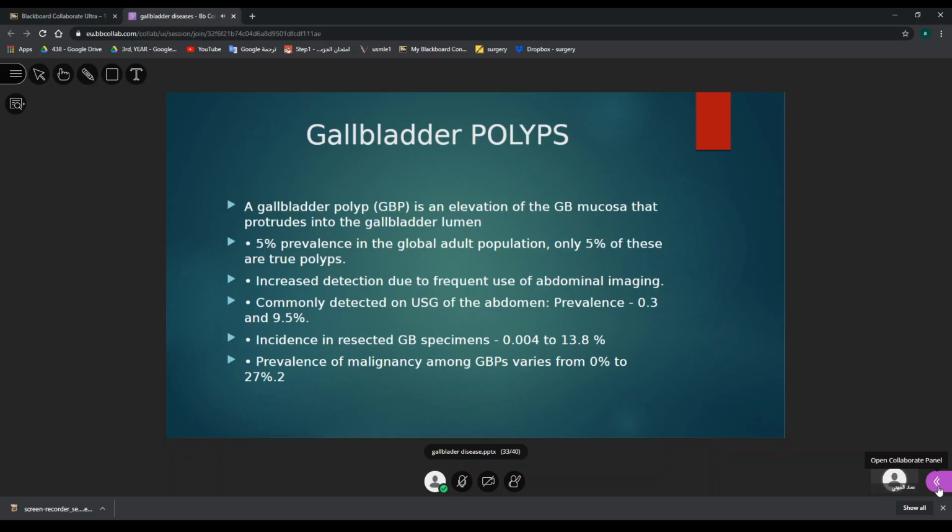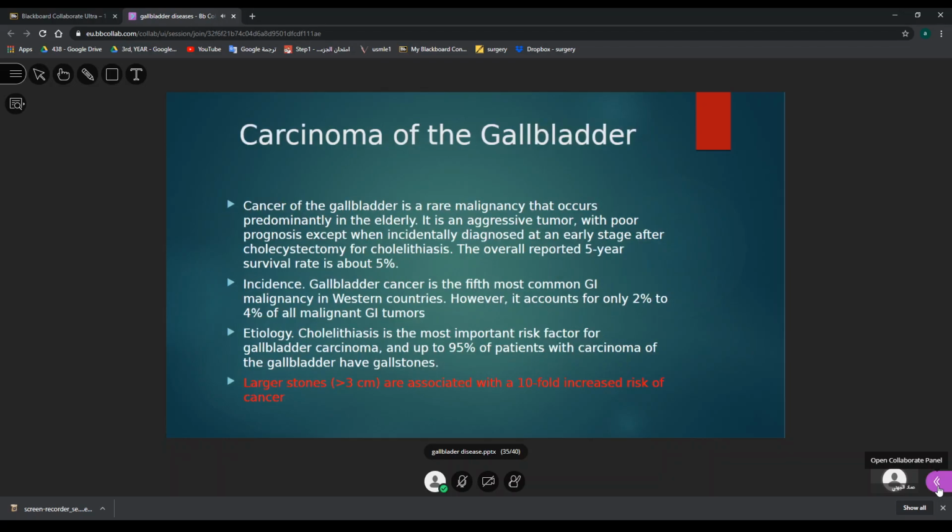Carcinoma of the gallbladder. Cancer of the gallbladder is rare and occurs in the elderly. It is an aggressive tumor with poor prognosis, except when it is an incidental finding after cholecystectomy. It is the fifth most common GI malignancy.